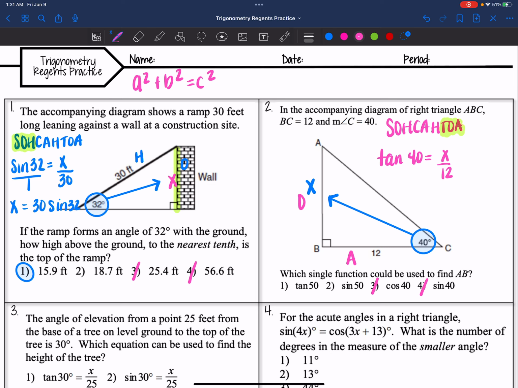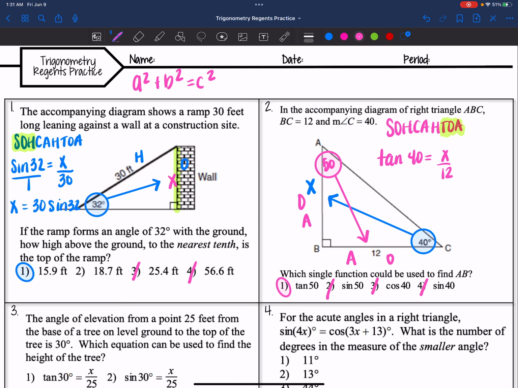Now, 50, I'm wondering, where's 50 coming from? Well, 50 is going to be that complementary angle because this is a right triangle. So if I'm standing here, I have, again, opposite and adjacent. Now, I'm still using tangent. I'm not using sine, so my option is number 1.